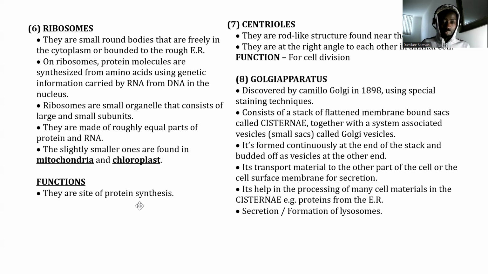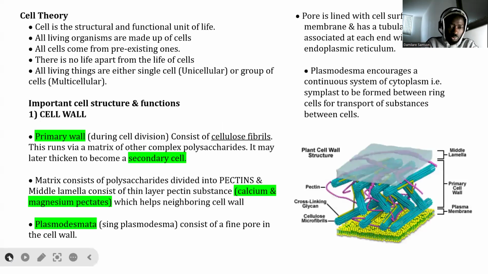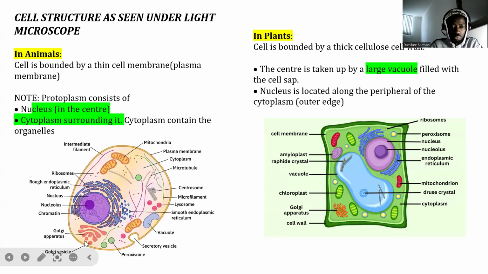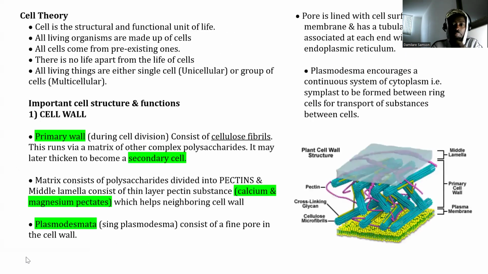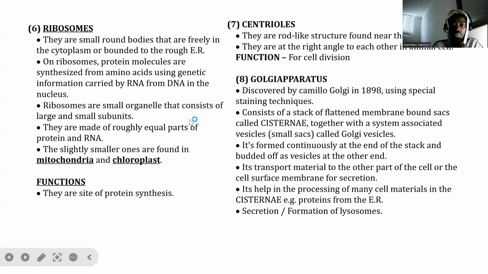Now in the diagram, let me just show you that again, in case many of us do not look at it or see it properly. You will see the Golgi vesicles here, and these are the Golgi apparatus.